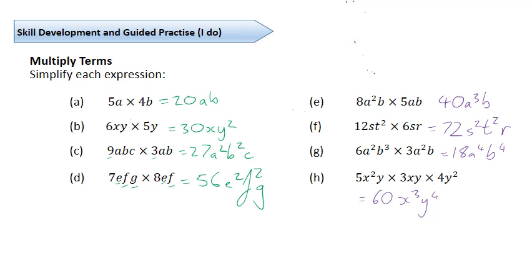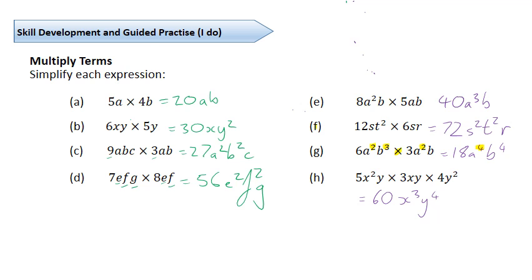You may start to notice there's a bit of a pattern that you may be able to see. Now if you look here with, let's say, this one here, we've got a squared, so that's to the power of 2. We've got another a squared here, so that's to the power of 2, and we're timesing them. And look at our result. Both those 2's added and we've got a 4. Look at the b's.